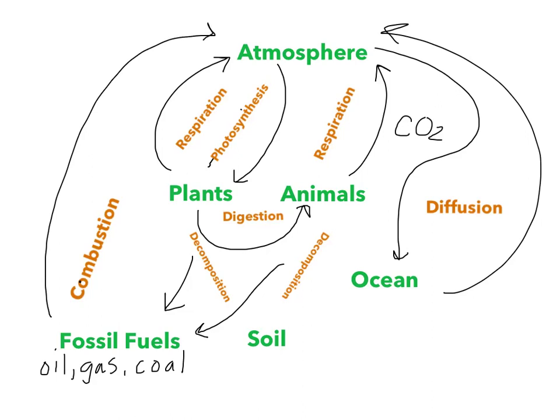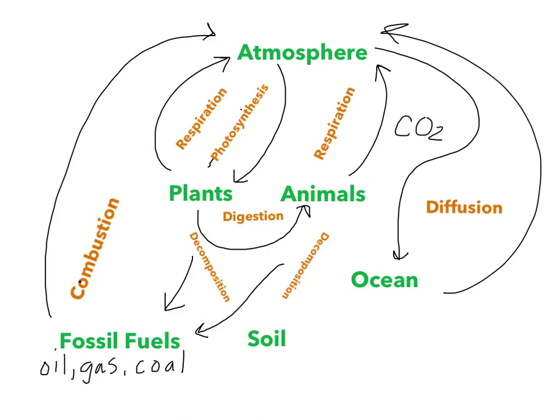And scientists have shown that there is a direct link between those oil, gas, and coal carbon molecules and the amount of carbon dioxide in the atmosphere. As we use more oil, gas, and coal, we see more of those carbon dioxide molecules in the atmosphere. And that contributes to climate change. It changes our atmosphere.